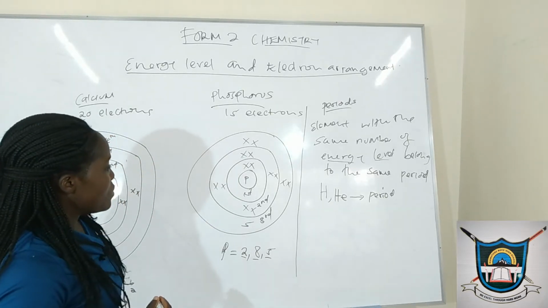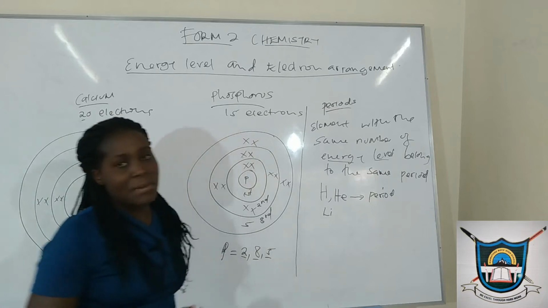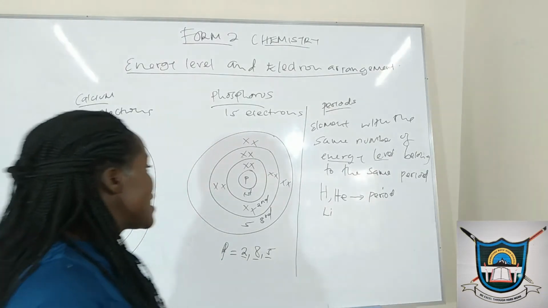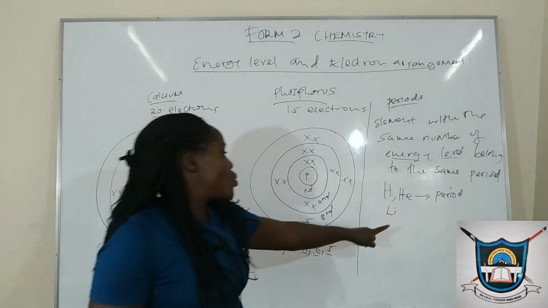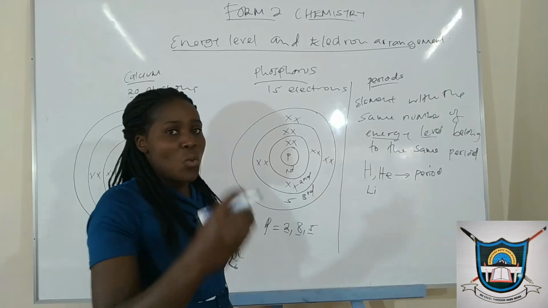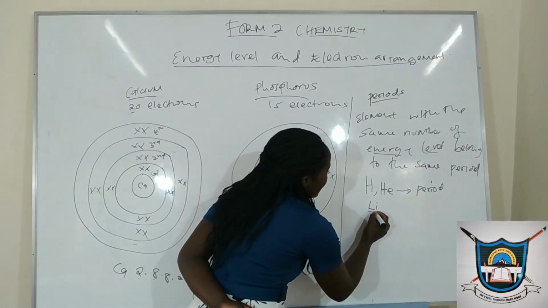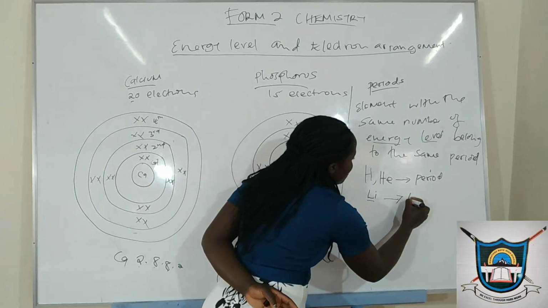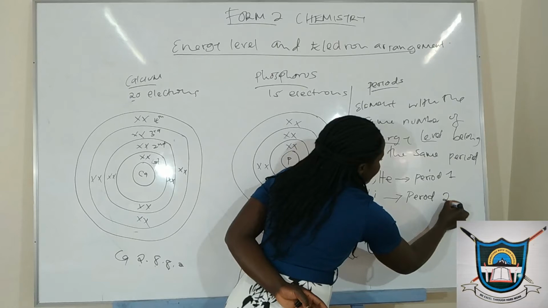We then move to lithium. Lithium is number 3, and we saw the first energy level of lithium holds 2 electrons, so we remained with 1. So we saw lithium has 2 energy levels. So lithium belongs to period 2. This is period 1, this is period 2.